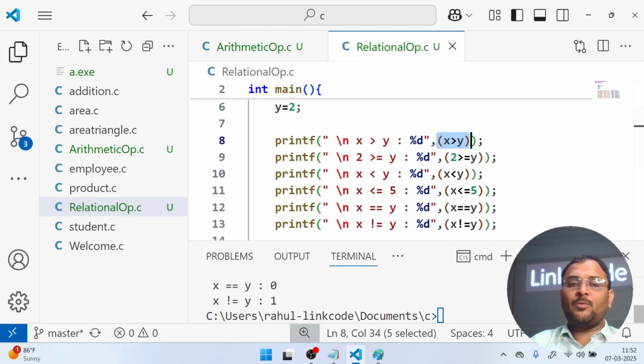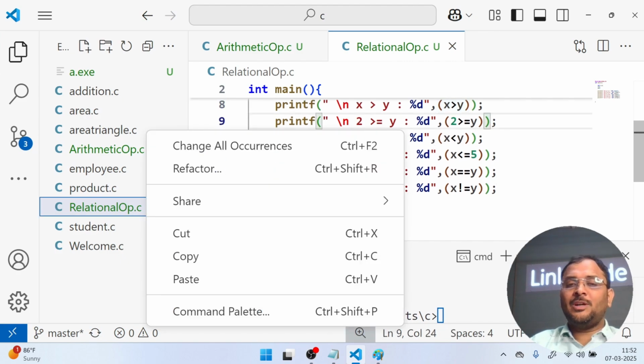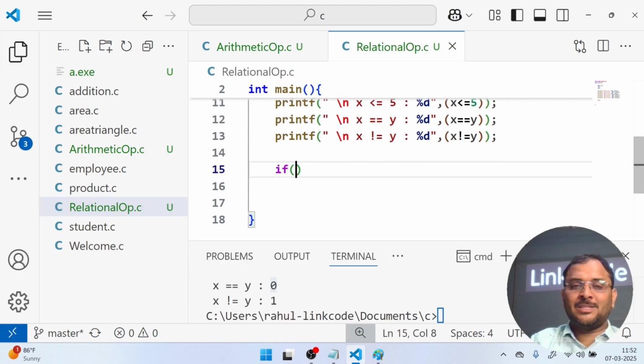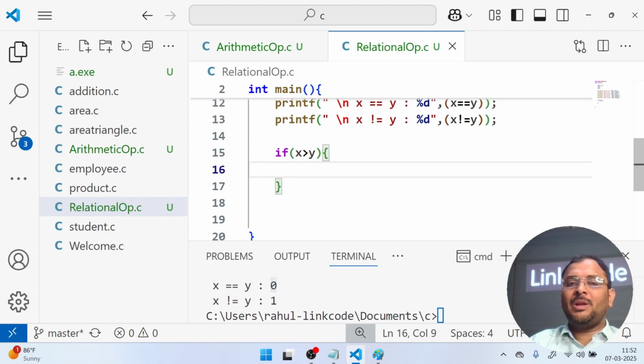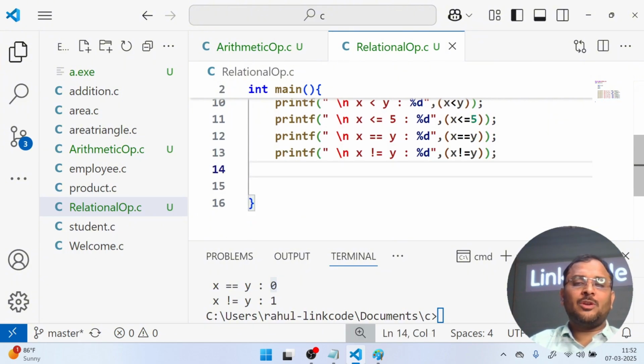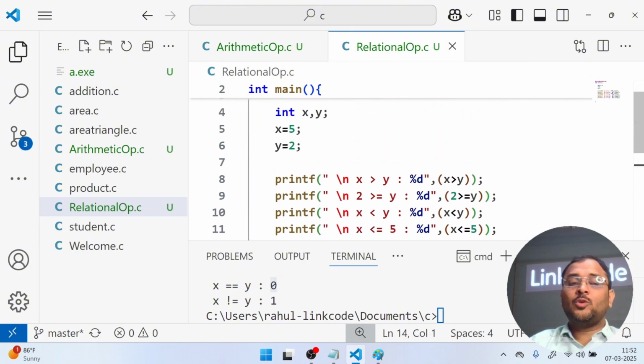Boolean means true or false. True means 1, false means 0. And we are going to use it in conditional statements like if else. If x is greater than y, then if something is true, print here, otherwise go here. We will discuss this in upcoming sessions. Right now I am giving you the introduction of all the operators. So this is our second operator, the relational operator.